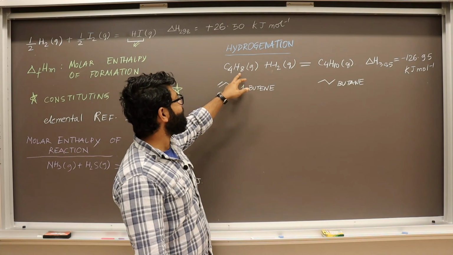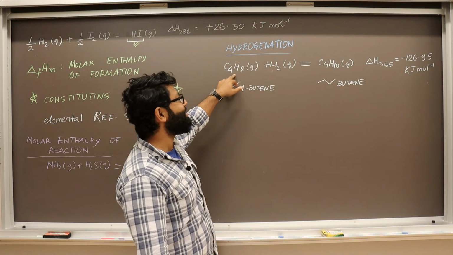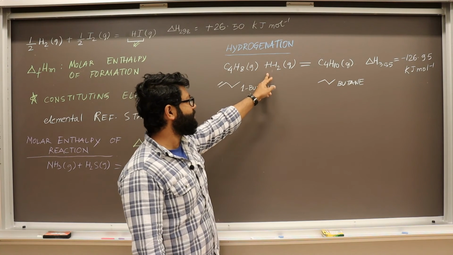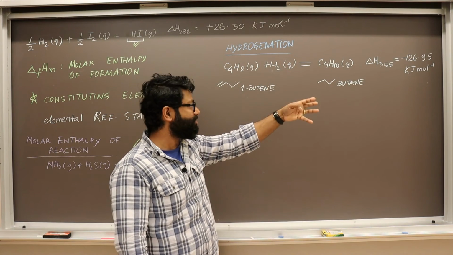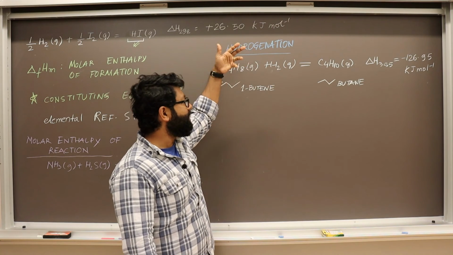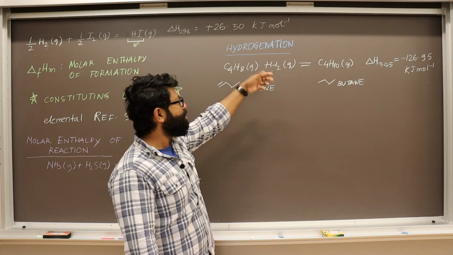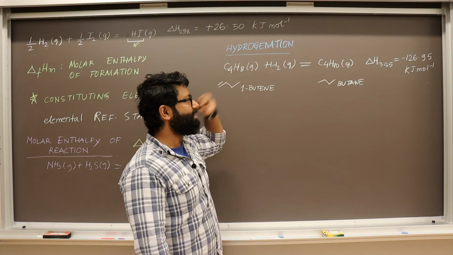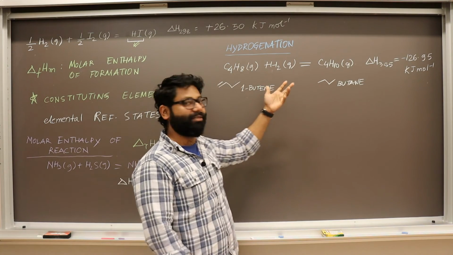So what is the molar enthalpy of hydrogenation of 1 butene? When you have this 1 butene reacting with hydrogen, the delta H of that reaction becomes the molar enthalpy of hydrogenation. Very simple concept. It's just a reaction. We just gave it a different name because there is a hydrogenation going on.